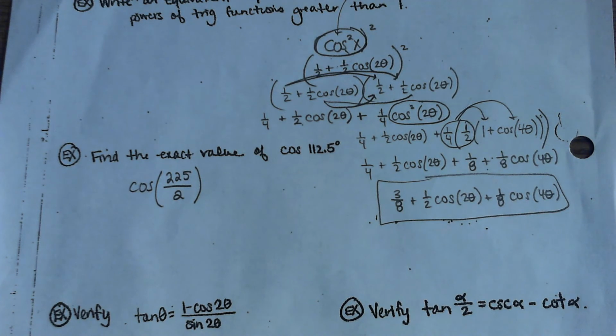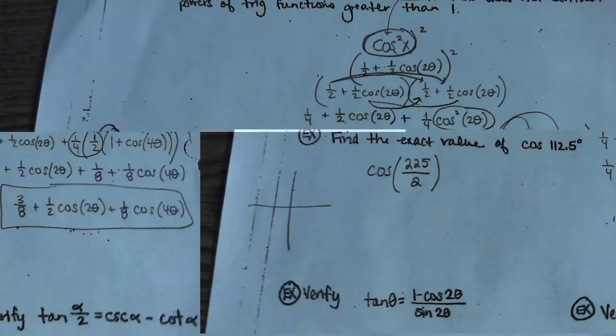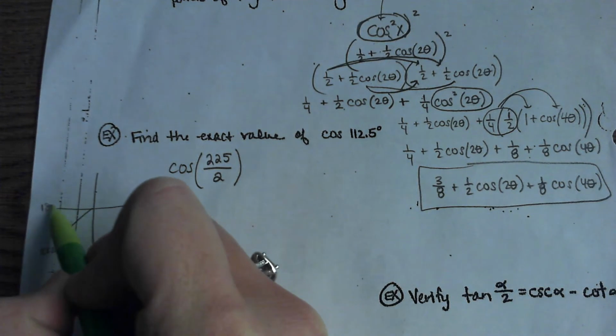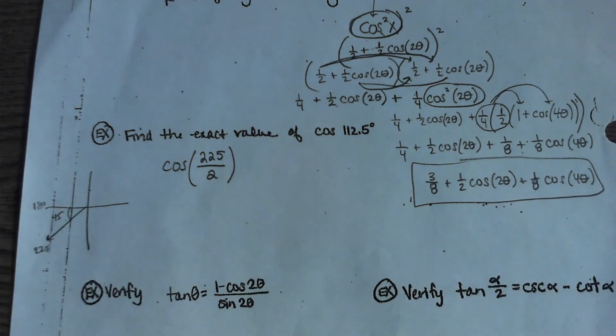Not immediately, because it's not one of our 0, 30, 45, 60s, or 90s, but it has a reference angle of that. So if we had to figure out the cosine of 225, we could do it, because what quadrant is it in? Third. And what's the reference angle? 45. So if we're asked to find the sine, cosine, or tangent of 225, yes, we can absolutely do it based on our 45 values that we know.